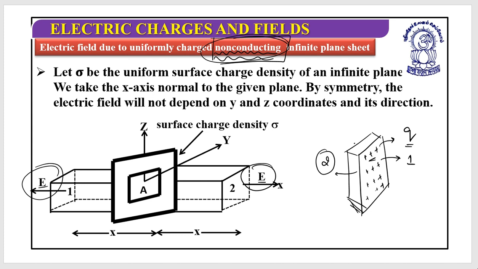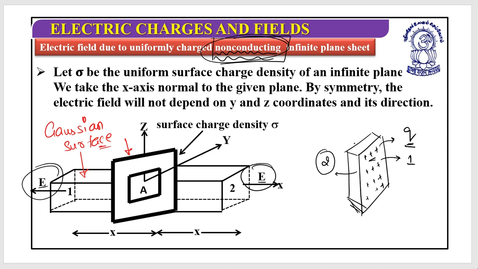Now what would be the situation? Let's reconsider this: I have given a charge q to an infinite plane sheet which is a non-conducting one. I have drawn the cross sectional view of this, and I have considered one Gaussian surface. That Gaussian surface's name is pillbox.